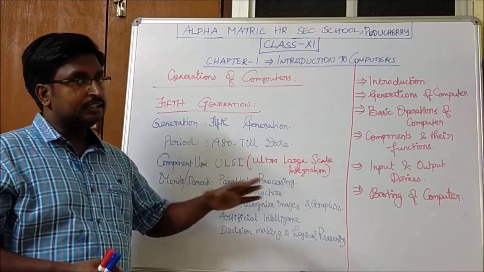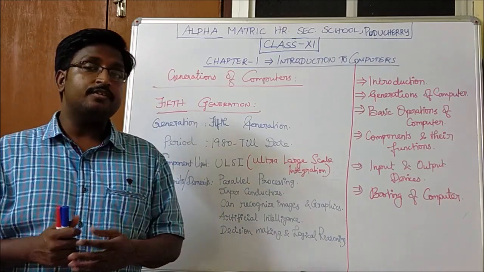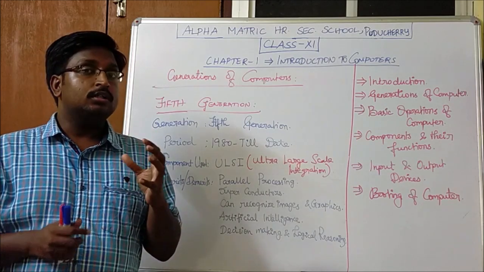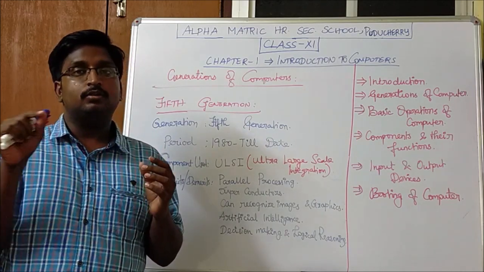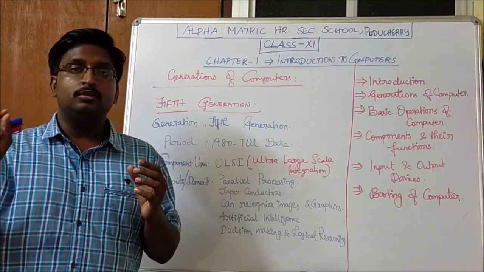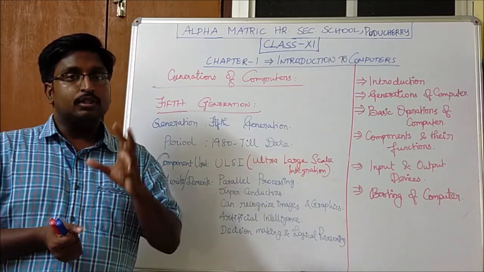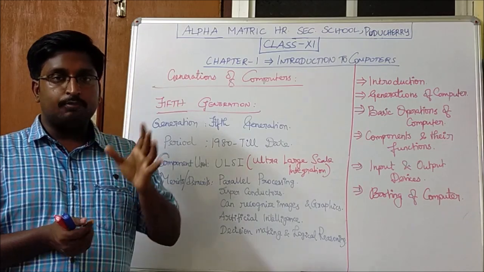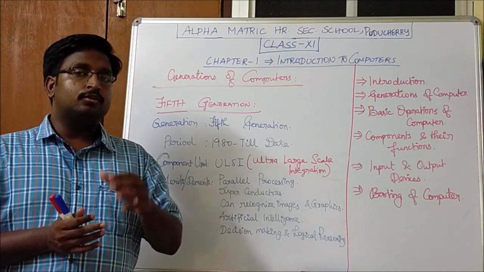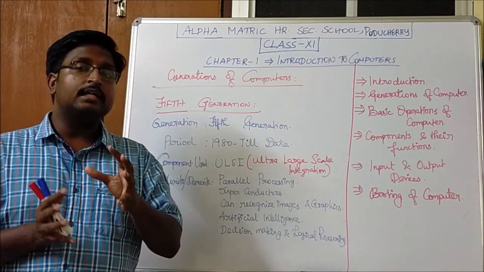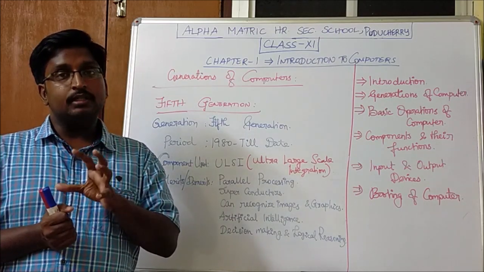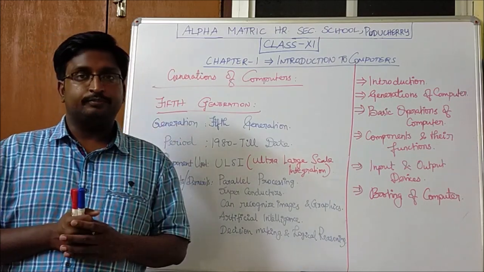Next is artificial intelligence. Artificial intelligence is nothing but human thought already predefined to a program, to an algorithm, to the computer. For example, a person is using a computer through the internet. Based on the content he is using, the computer will act for that user.